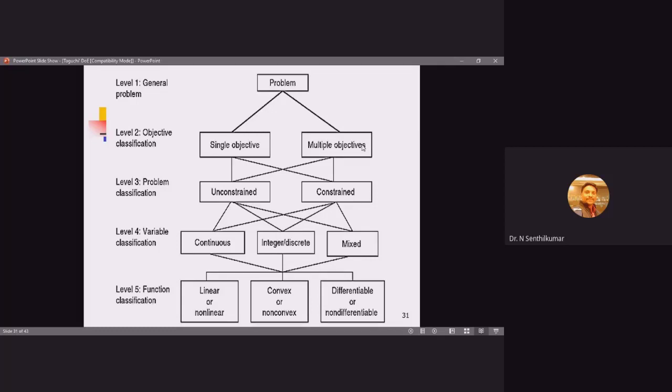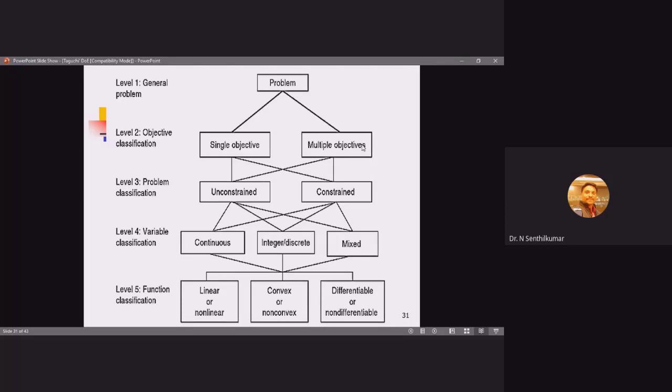So in most cases, Taguchi's DOE is suitable for single objective optimization. At the same time, I cannot maximize one output and minimize another output. Are you able to understand? So Taguchi is restricted to single objective.